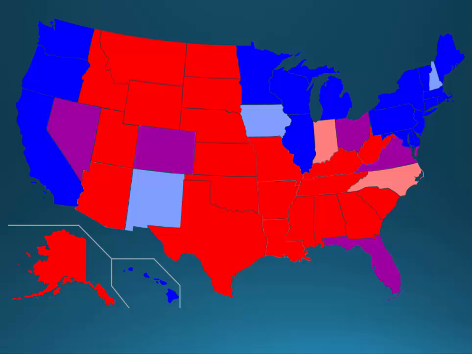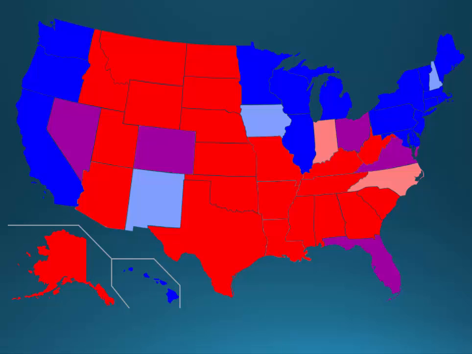Republicans can generally count on winning Texas, Alabama, Mississippi, and Louisiana. Democrats can generally count on winning New York, California, Oregon, and Massachusetts. As a result, candidates from both parties will spend little time or money campaigning in those states, since it is seen as a waste of time and money.